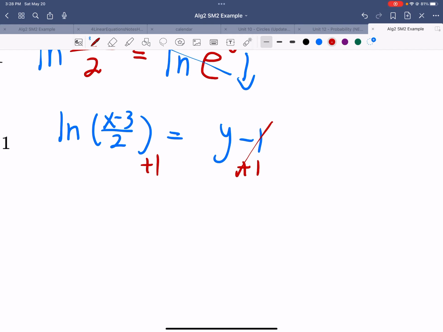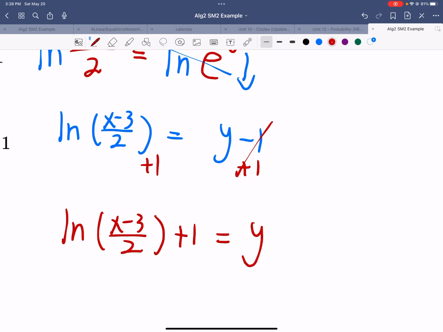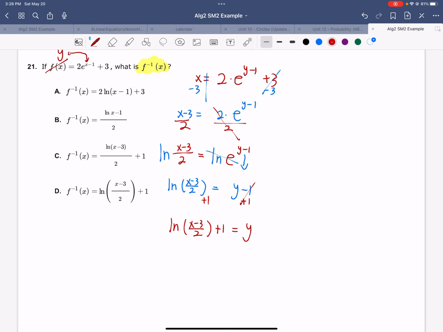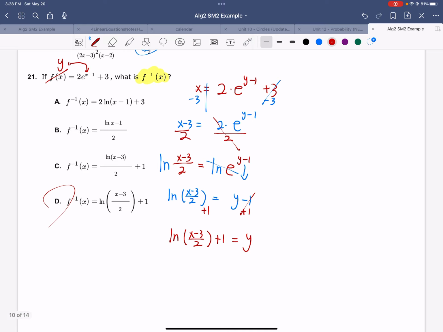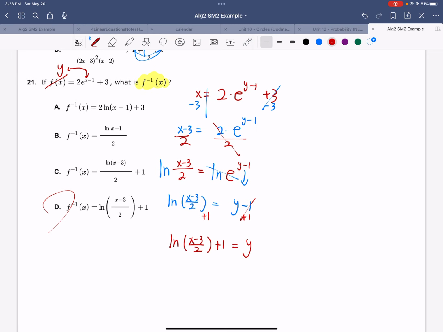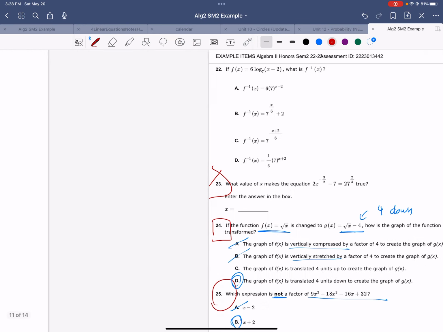That disappears. So you get natural log of x minus 3 over 2, plus 1, is equal to y. So what's the answer for this one? It's going to be D. Now it's very simple, right? Review number 1 and review number 2 are going to be about this, so you can practice, okay?